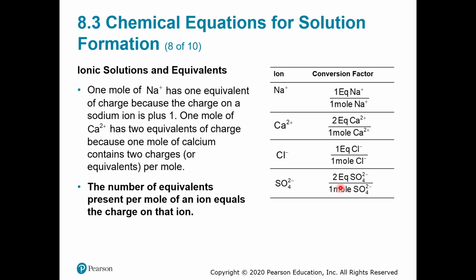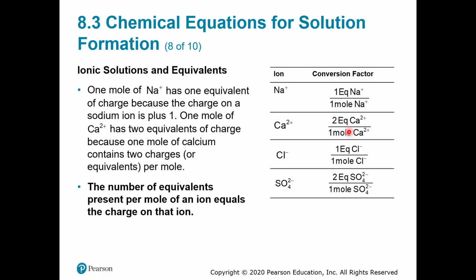Easiest way to understand this is to look at some numbers. Sodium has a charge of 1, and so sodium is going to be 1 equivalent for every mole of sodium. But calcium 2+ is going to have twice the number of equivalents per mole, because 1 mole of calcium would be the same charge as 2 moles of sodium.